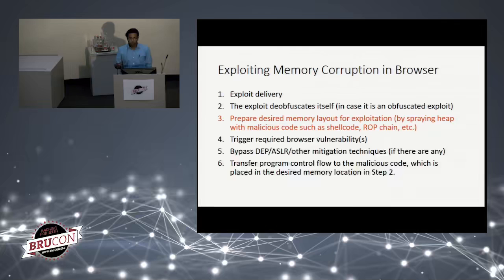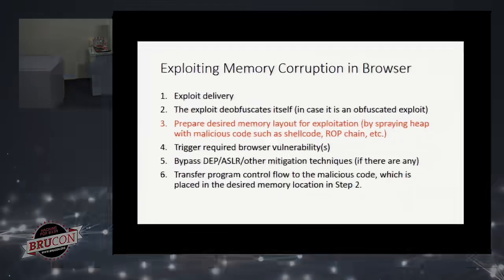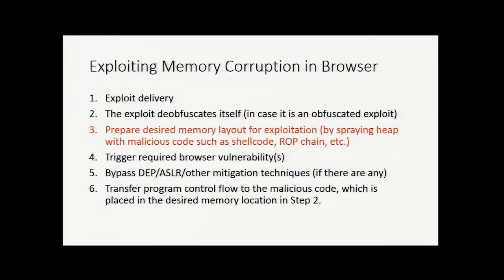In the previous slide, we talked about heap spraying and memory spraying. It does all these things to prepare the playground on which it can perform the exploitation. The next part is triggering the vulnerability. In this step, the attacker hijacks the control flow of the normal program and redirects it to the malicious code. In modern browsers, there are also many security mitigations, such as DEP and ASLR, so the attacker has to take care of all these techniques.